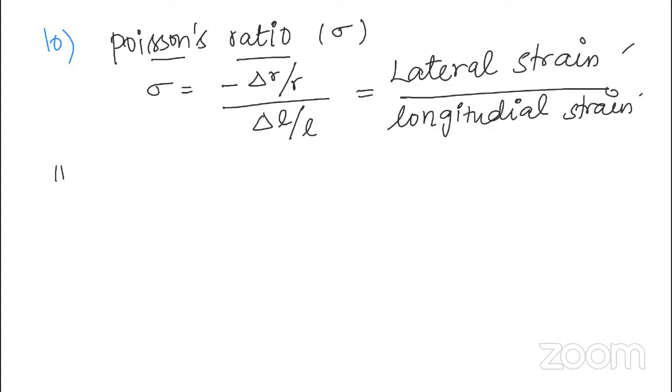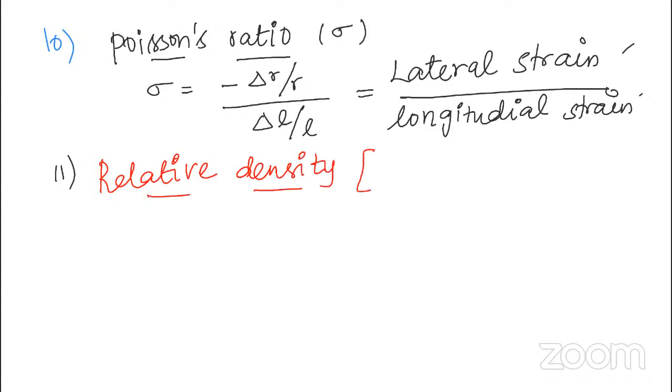Next one, relative density. Relative density is the same as specific gravity; both are one and the same.